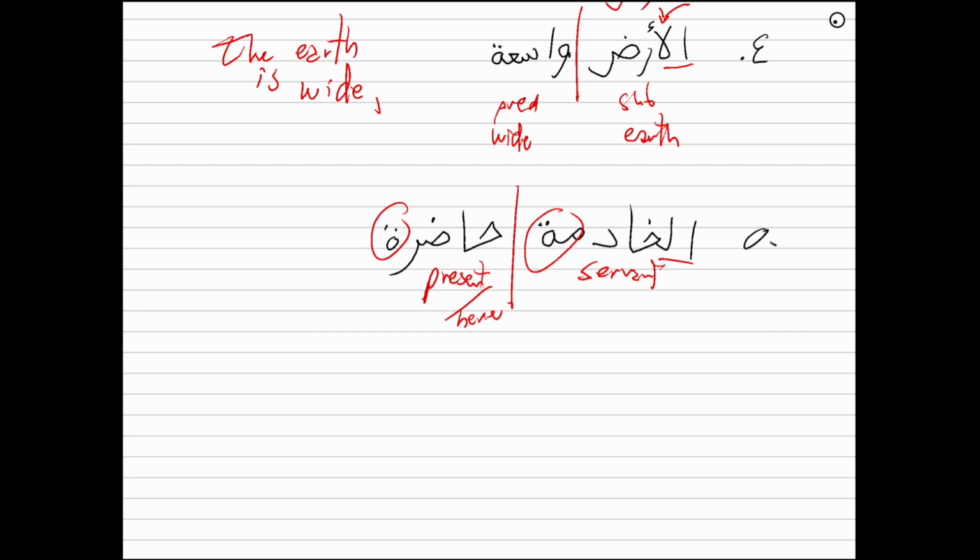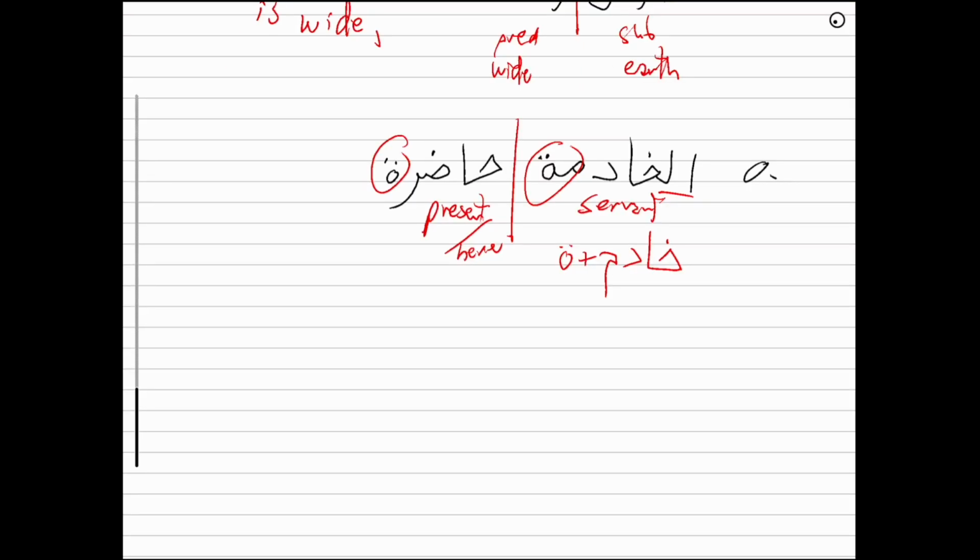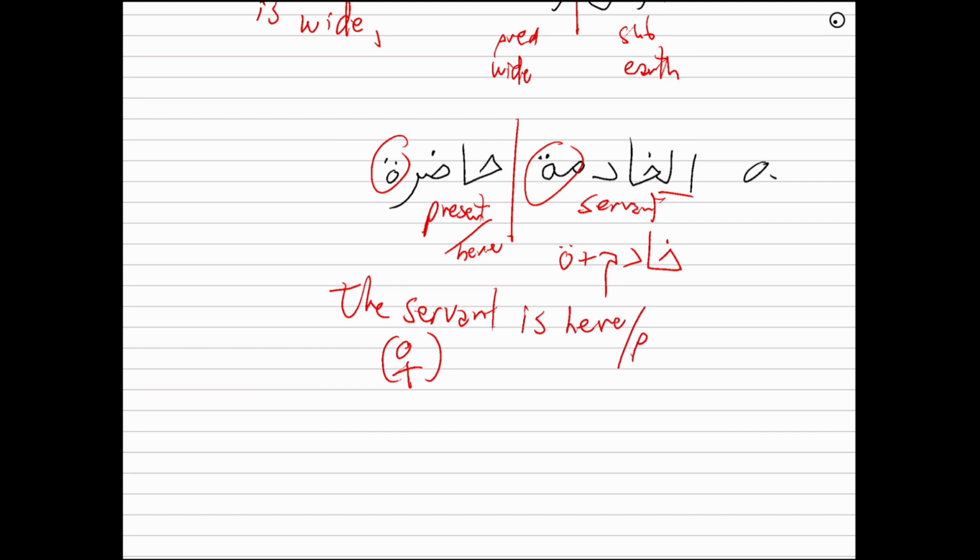You should already know what my markings signify. Khadim means servant, by the way. Khadim is like the masculine form plus tamabuta, right? So we can translate this as saying the servant or the female servant is here or present.